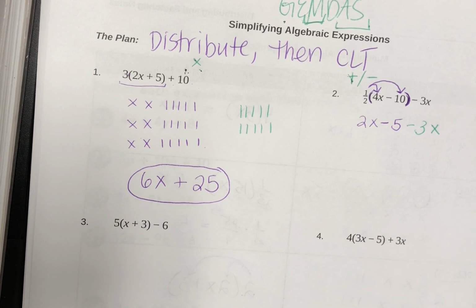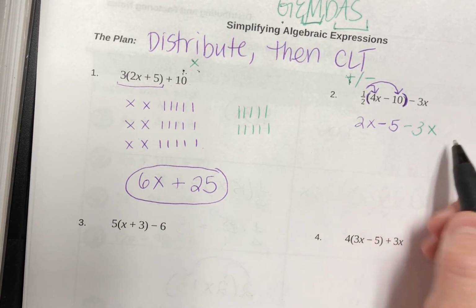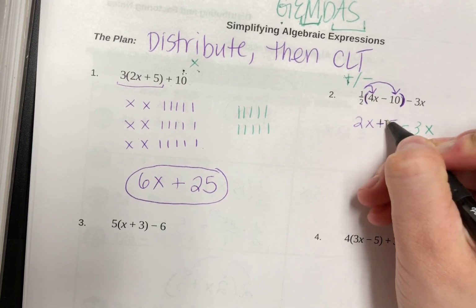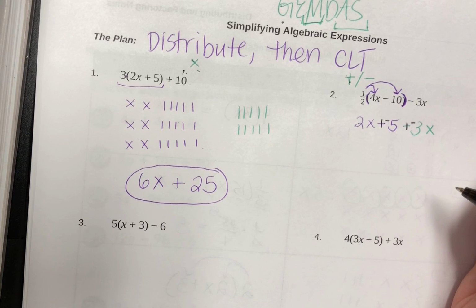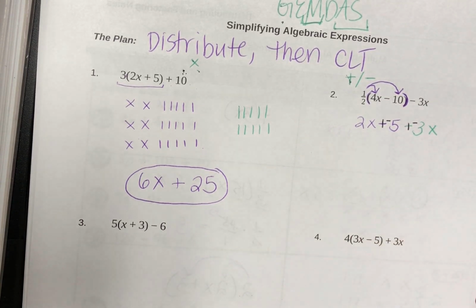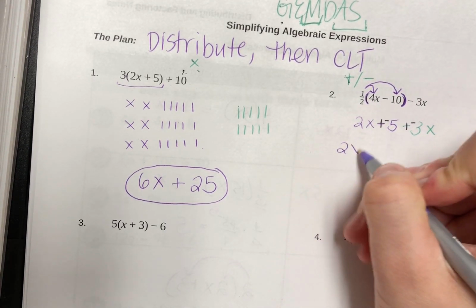Now I see a lot of subtraction in this problem, and I know that I want to group my like terms together to make sure I come up with the right answer. So I'm going to change the subtraction into adding the opposite so that I can move my terms around how I like. I want to put the x's together, so now that it's all addition, I can group my negative 3x and my 2x together.